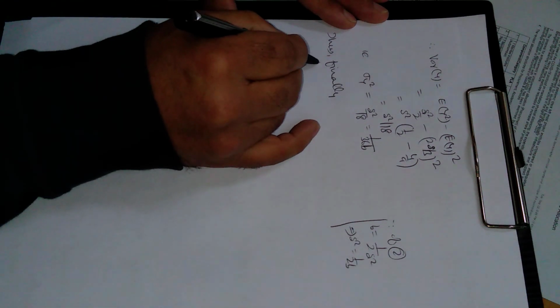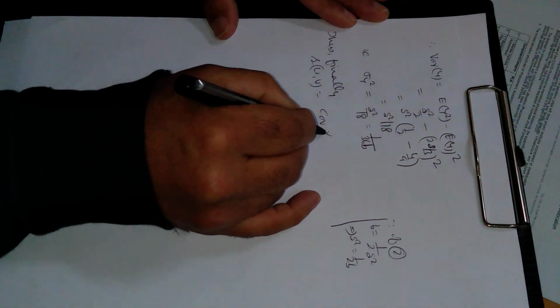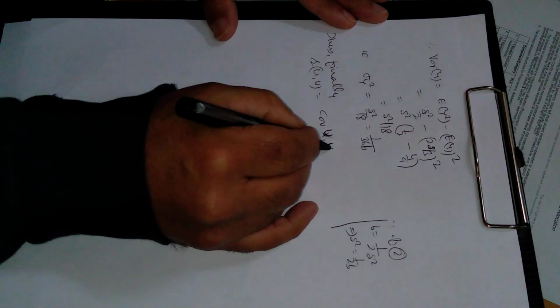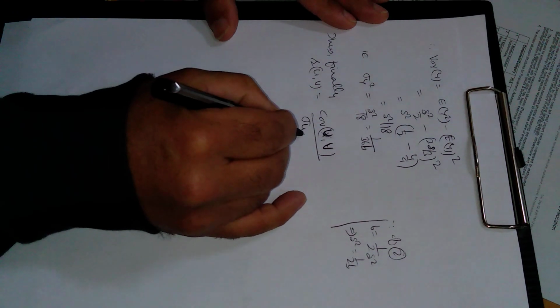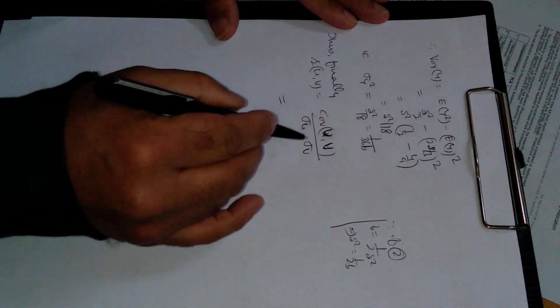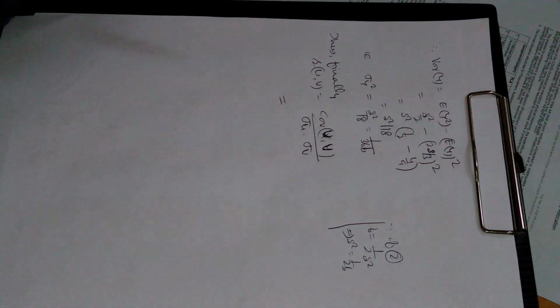Finally, the correlation coefficient between u and b will be covariance between u and b divided by standard deviation with respect to u into standard deviation with respect to b. Covariance between u and b, we have evaluated it somewhere.